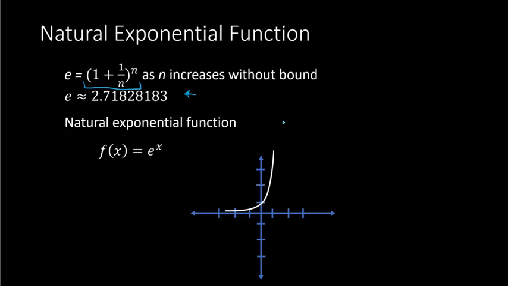It'd be like raising 2.7, if you round that, to the first power, to the second power, to the third power, to find these points, and then we get the graph as we see here. So we're not going into too much detail with the natural exponential for now, but at this point just realize that it exists, know what it is, and realize that the graph would look basically the same as any other exponential function.